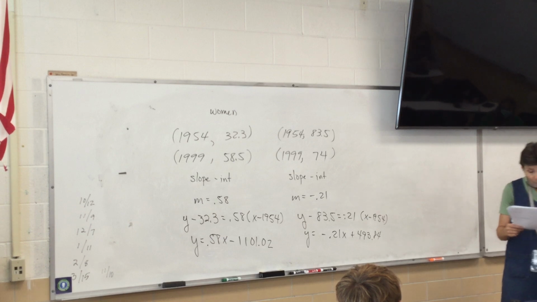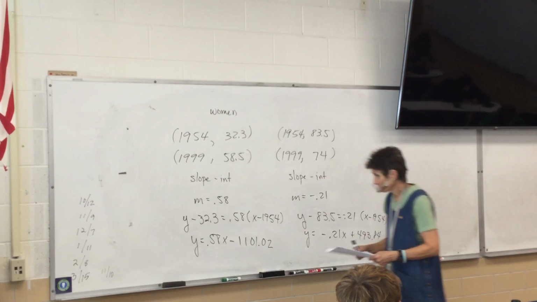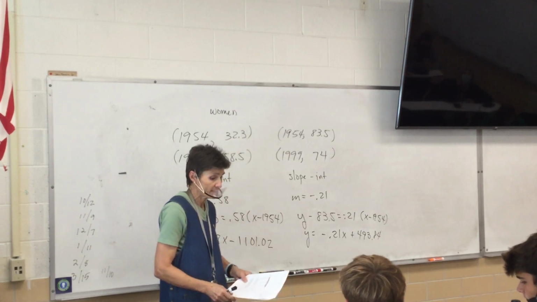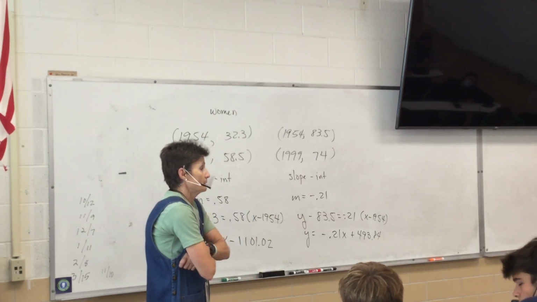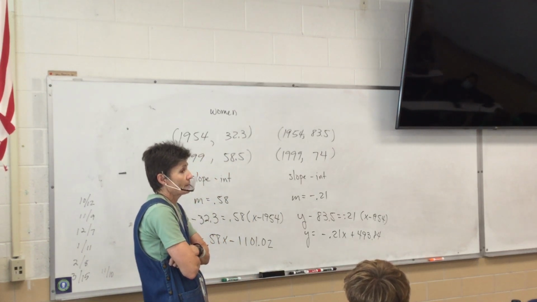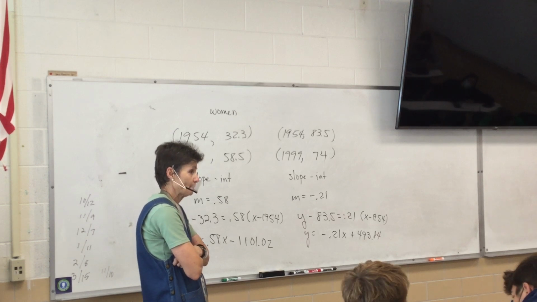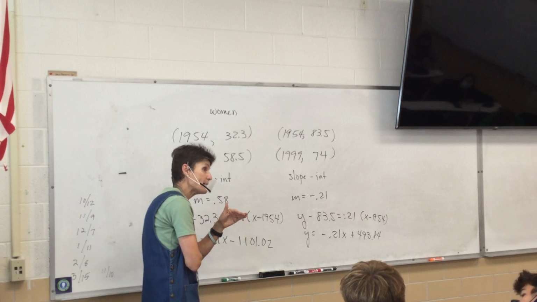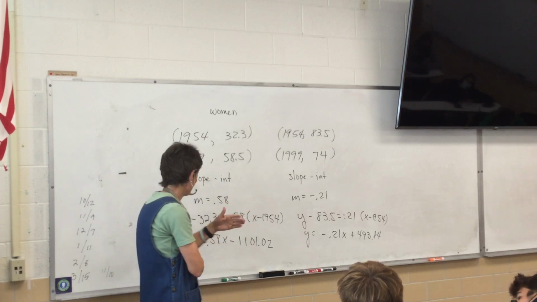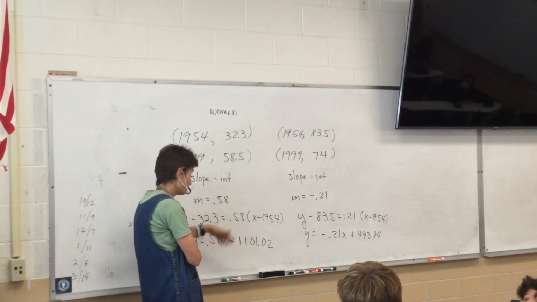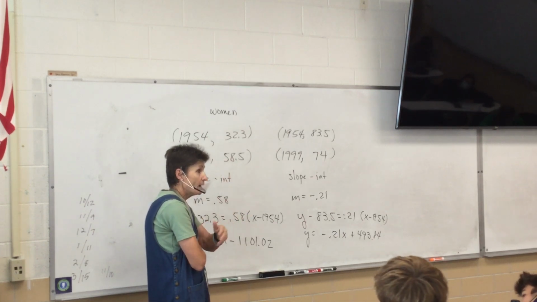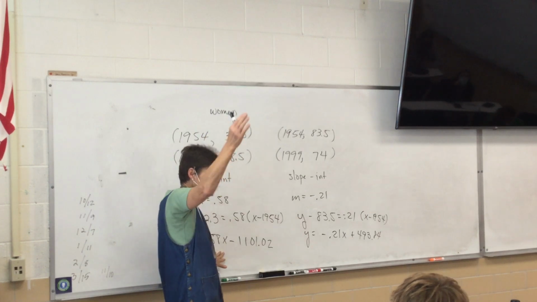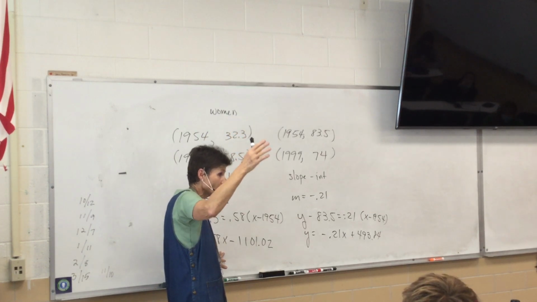Now, explain what the limitation is of these models. Matthew? Eventually, there would be negative people working. Okay. And so if we kept going and let x be whatever, eventually these guys are going to get more than 100%, right?